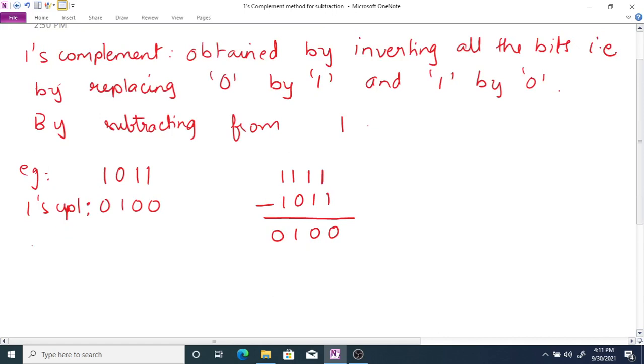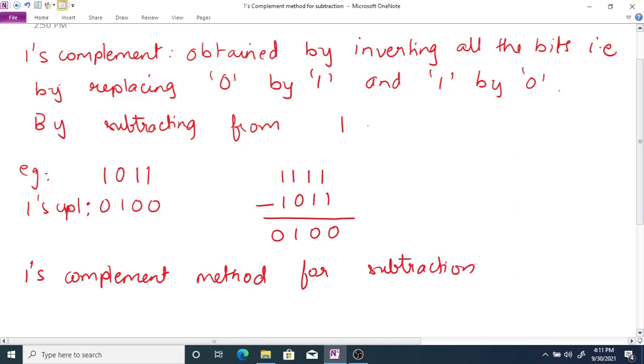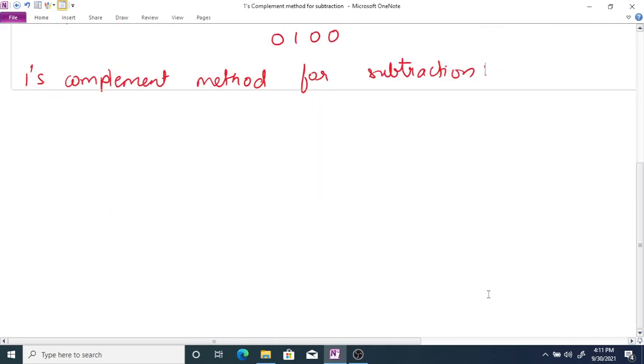Now, we will see ones complement method for subtraction. First, we will see the procedure. First step, suppose we have to find a minus b.